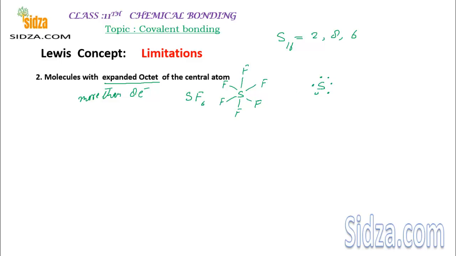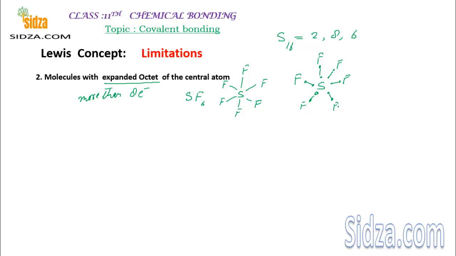So the SF6 molecule shares how many electrons? 6 electrons with the 6 fluorine atoms. So that means it has how many electrons in its outermost shell? For the sulfur, it will be 12 electrons, right?